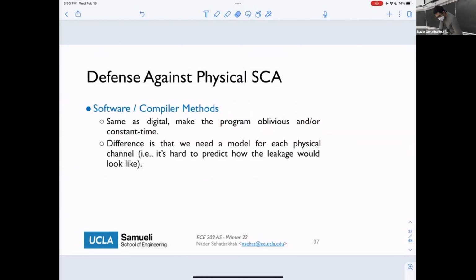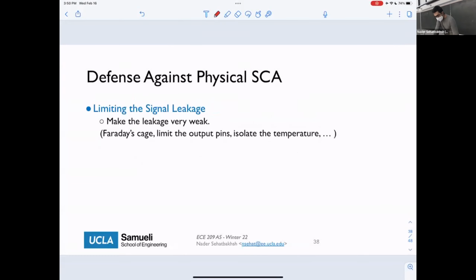All right. Very quickly, there are software methods to make the program you're looking at safer, very similar to the ones we use for digital side channels. This can also be done at the compiler level, where the compiler goes through the program and adds instructions. We can make sure that the leakage, the physical signal coming out of the device, is much weaker.